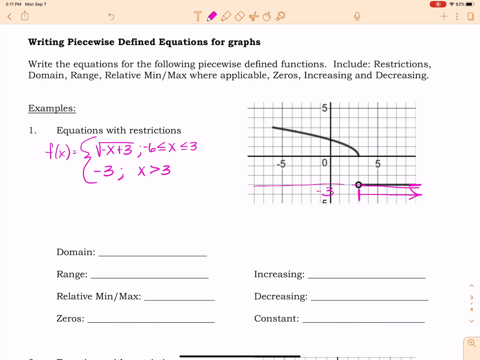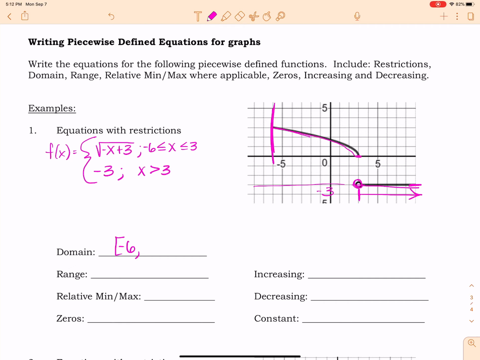All right, so let's look at the domain then. Since this graph stops at negative 6, we are stopping at negative 6. We have no more values to the left of that. We just have values in the positive direction. So this graph crosses every value from negative 6 all the way to 3, and then it includes 3, so it doesn't matter that there's an open circle here.